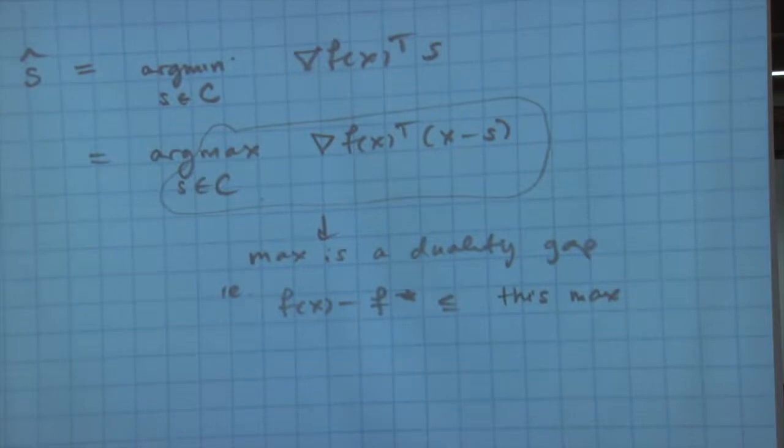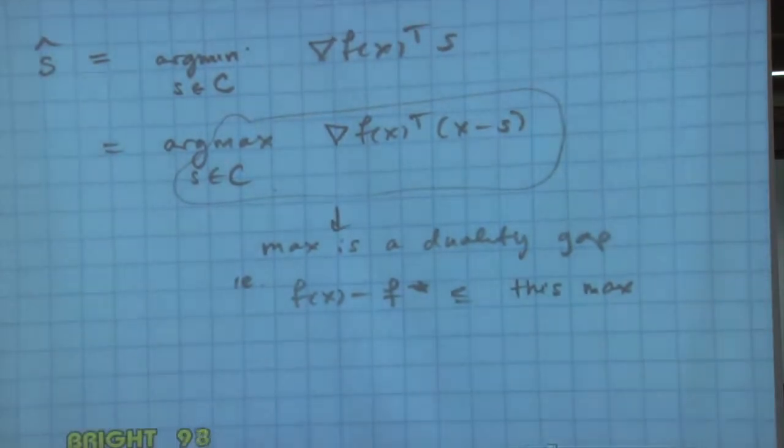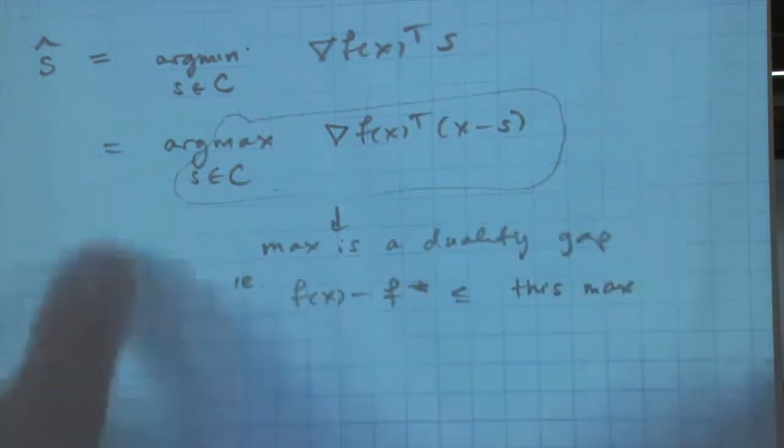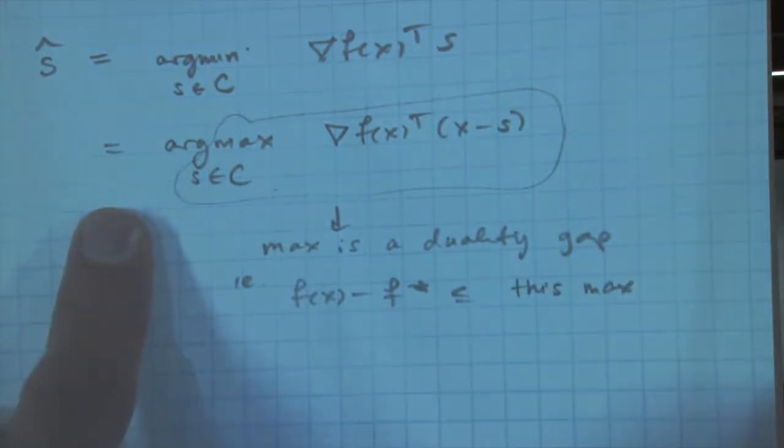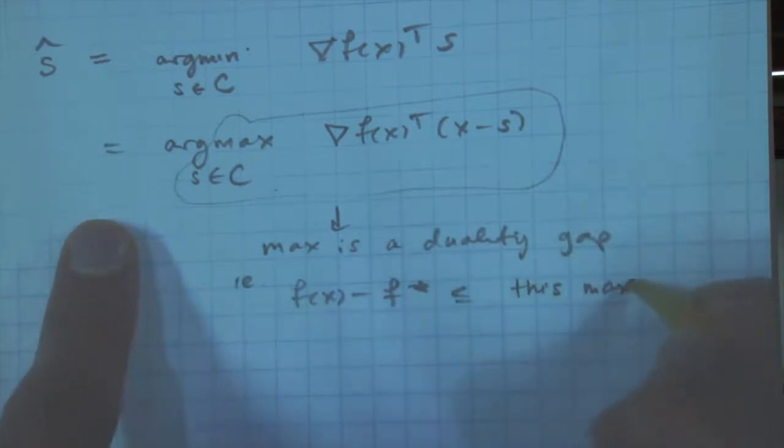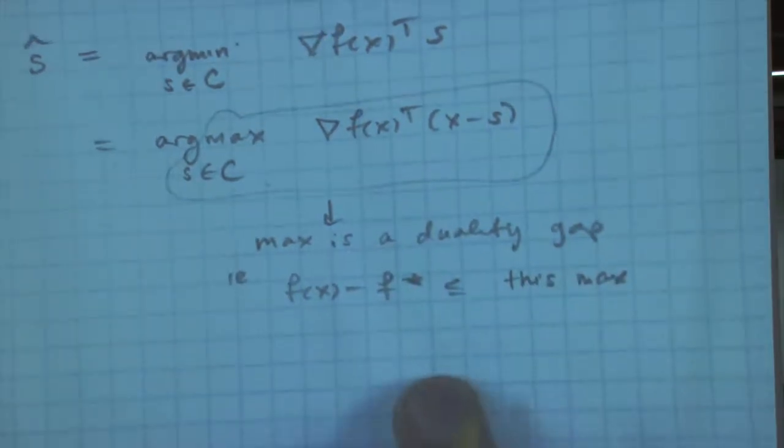So it's a very important property of the Frank-Wolfe iterates, because we're computing this all along, so this is something that comes for free. We don't have to work at all to find a valid suboptimality bound or duality gap.